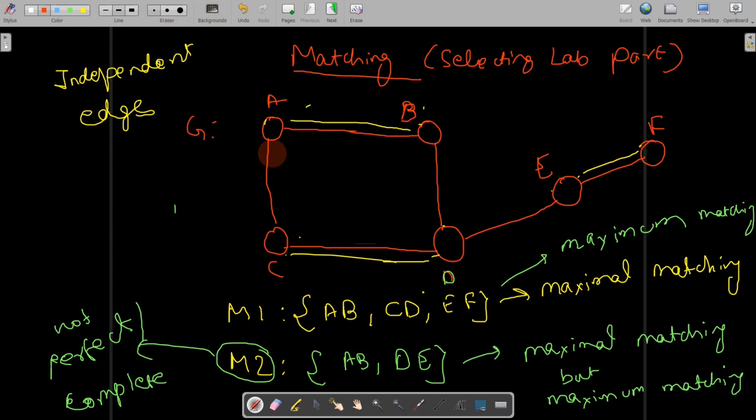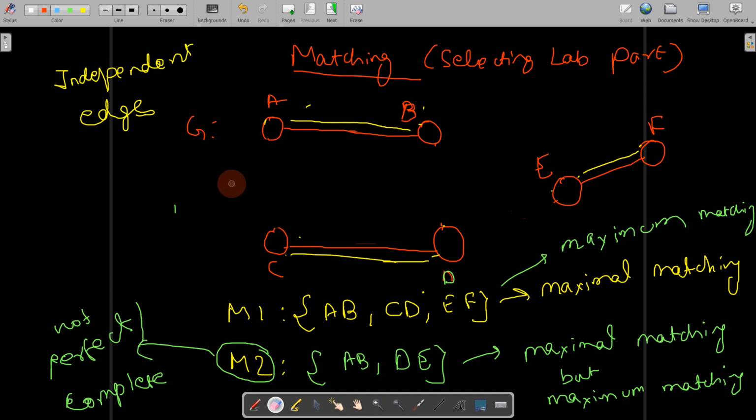So if I erase these non-matching edges, okay. So this is another graph. This is called an induced graph. What does induced graph mean? No, this is a subgraph, right? Induced graph would mean that if you select all the nodes, then whatever edges were present between the nodes in the original graph G, they have to be part of the subgraph.